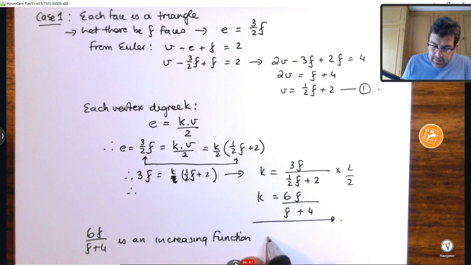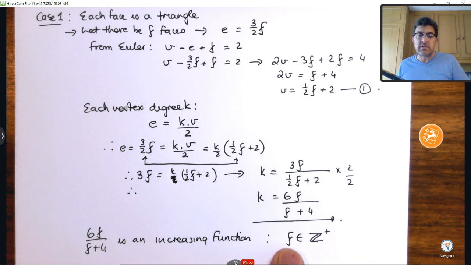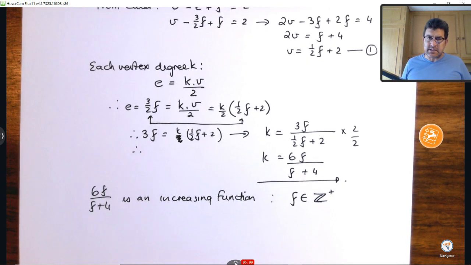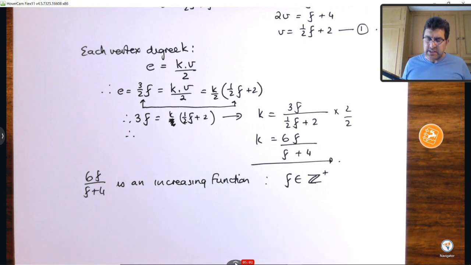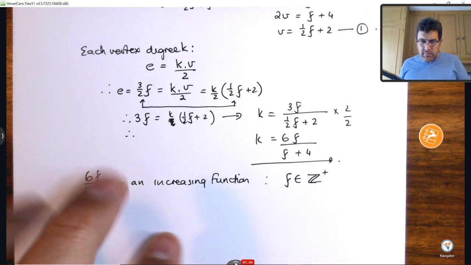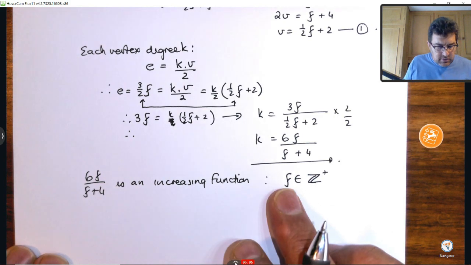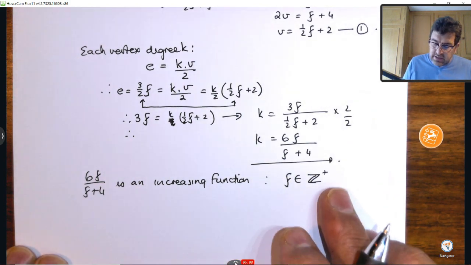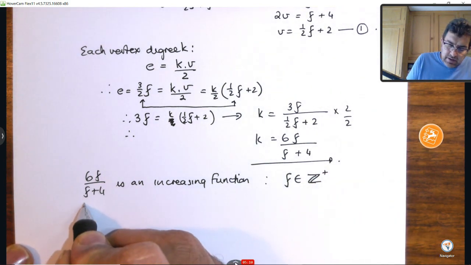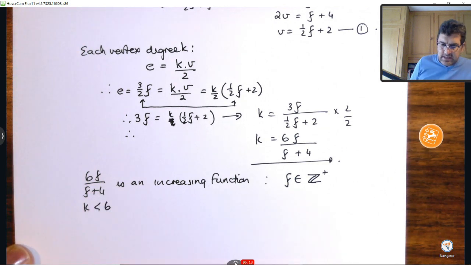Why is this happening? Because I'm only looking at positive integer values to replace F with. I cannot have minus 2 faces, or minus 6 faces, or half a face. I have a face on my polyhedron. Because that is the case, K must be smaller than 6.